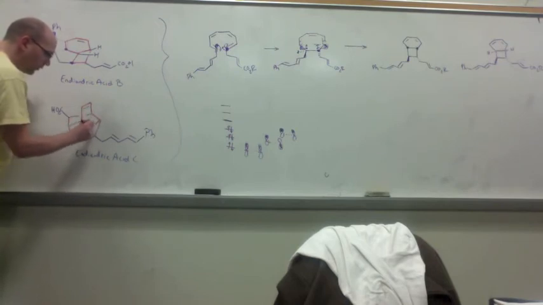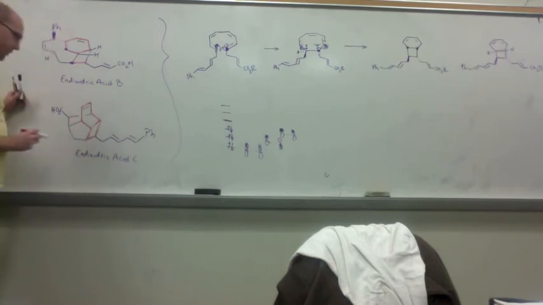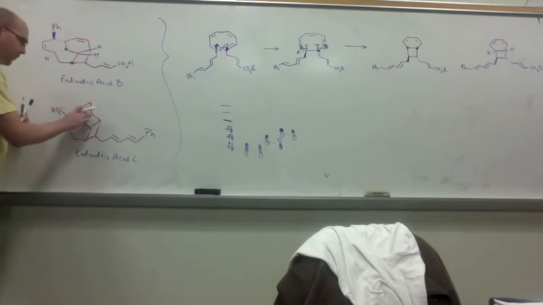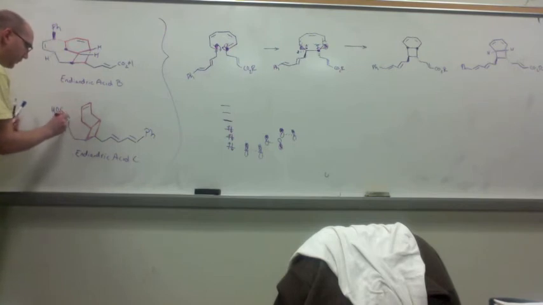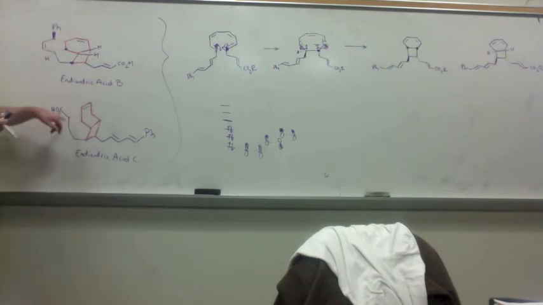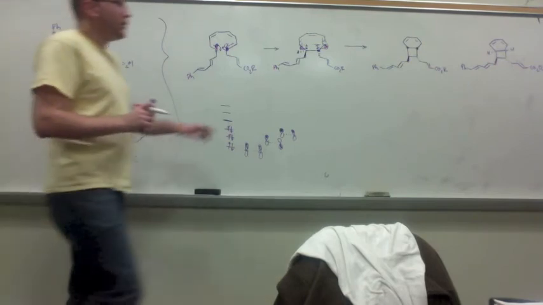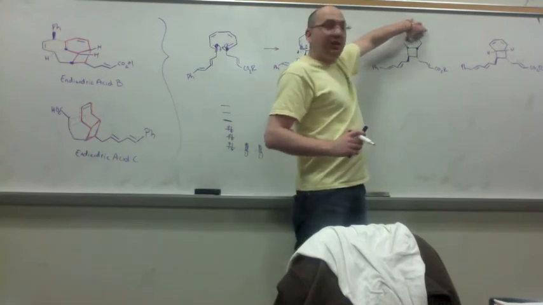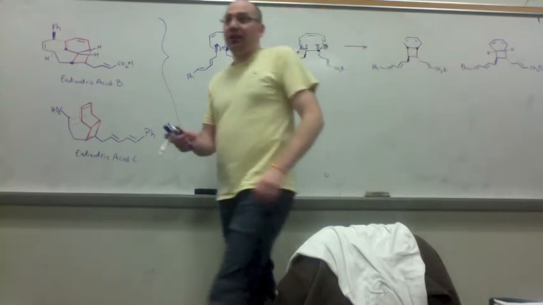here's our 6-4 ring system, but in this case, it's going to be a Diels-Alder reaction between the diene of one of these and the alkene of the other, okay? And the ability of one to do one and the other to do the other is simply a matter of the two diastereomers that we've shown here.